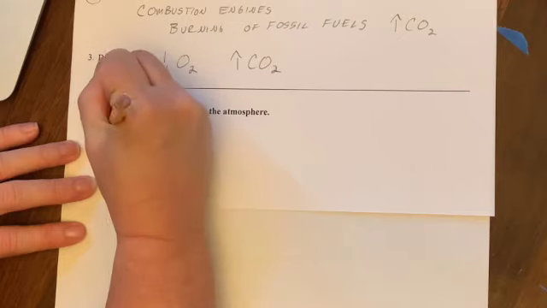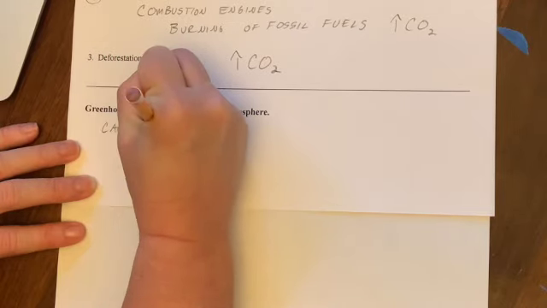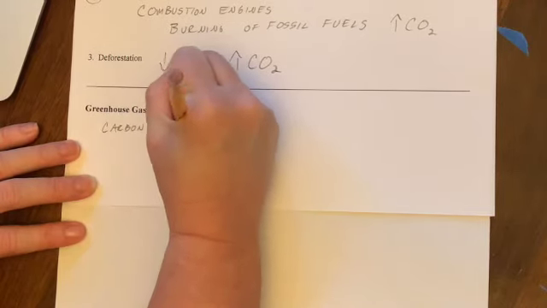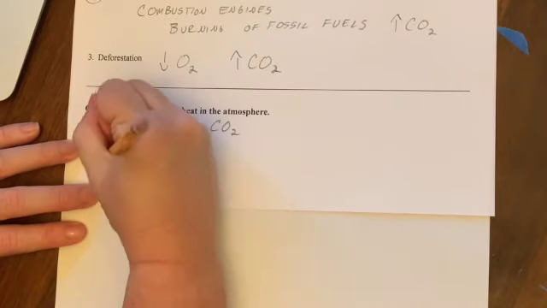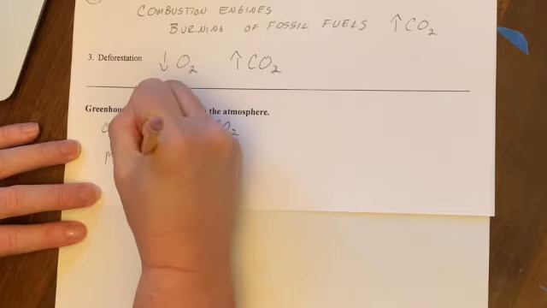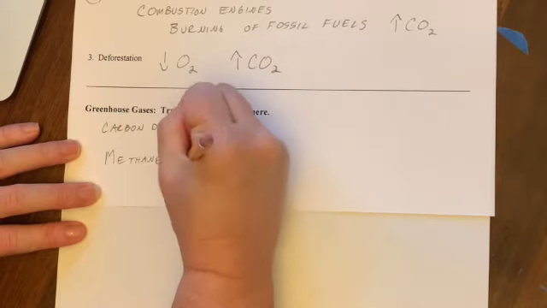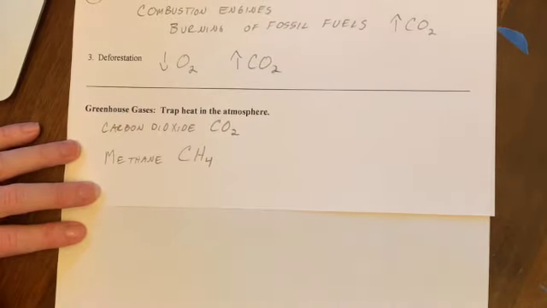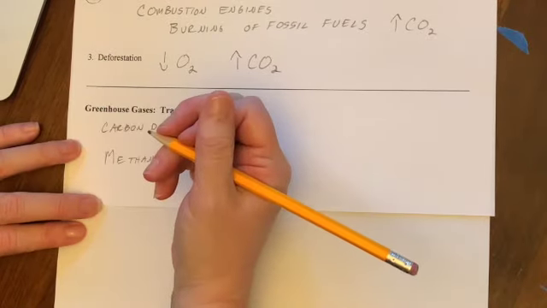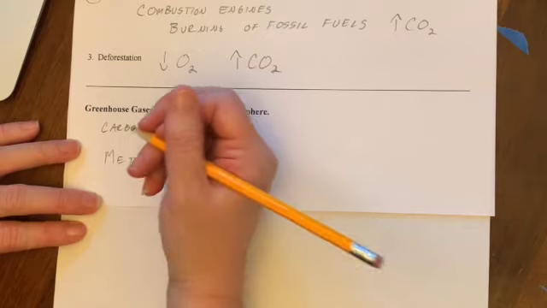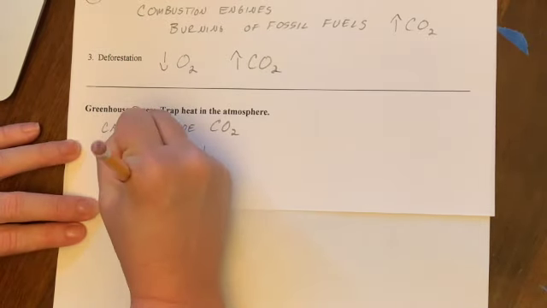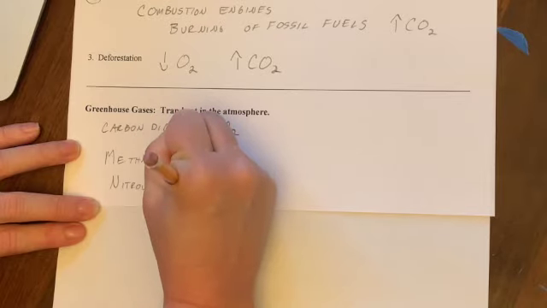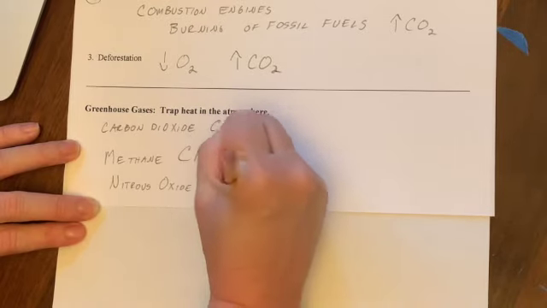And these are carbon dioxide, which we know is CO2. Methane, which we now know from our organic naming is CH4. We have nitrous oxide or dinitrogen monoxide. They mean the same thing. Nitrous oxide, which is N2O.